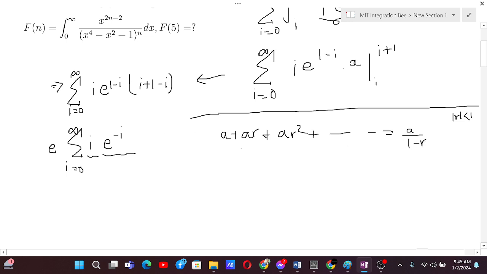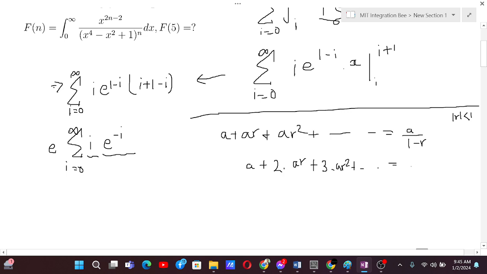Now for the arithmetico-geometric series, we can differentiate both the sides, and that gives us a plus 2 times ar plus 3 times ar square and so on, is equal to, if we differentiate this, we are basically differentiating in the world of r.